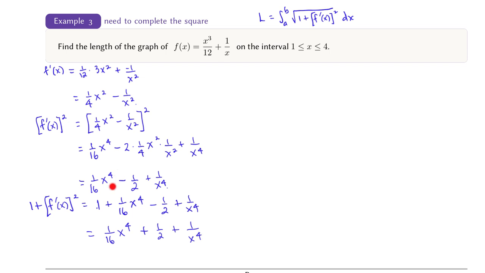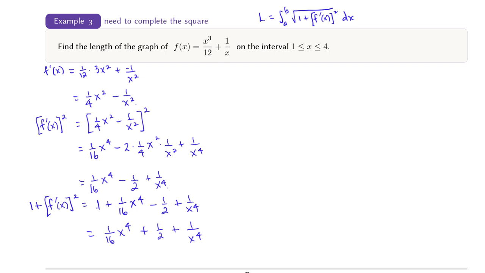But this looks almost like the expression from the square of the binomial expression. The difference is that this is now plus 1/2 instead of minus 1/2. The trinomials are almost exactly the same except for the middle term, minus 1/2 versus positive 1/2.